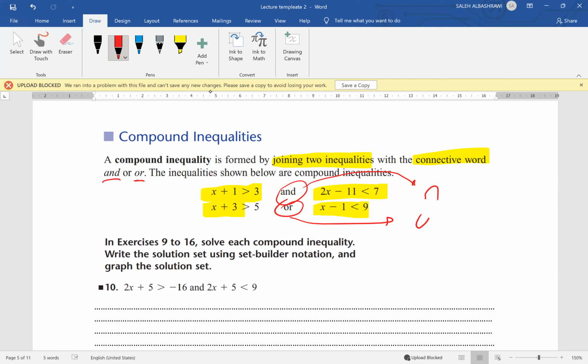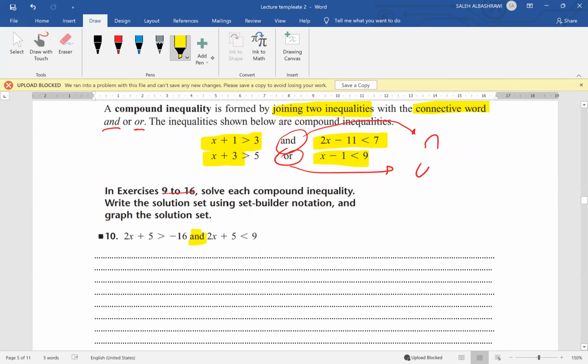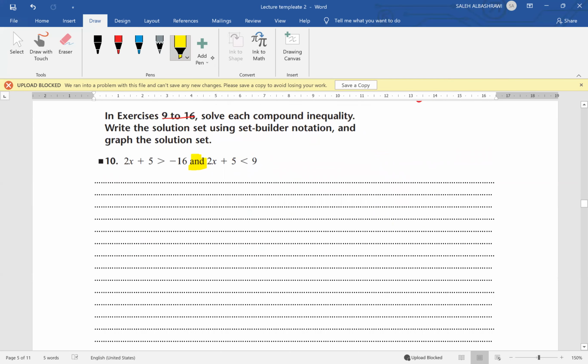suppose that we are given this compound inequality. I have 2x plus 5 greater than minus 16 and 2x plus 5 less than 9. So I have two inequalities. I'm going to solve each one separately, then I will look for the common solution.